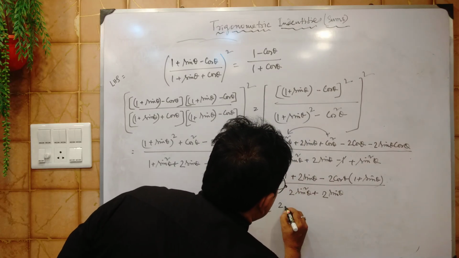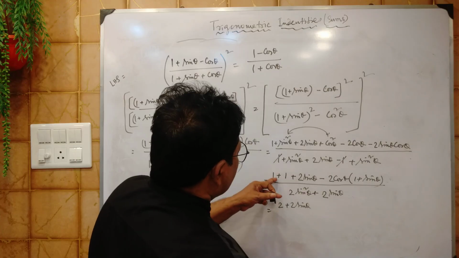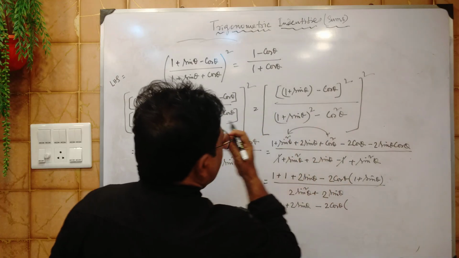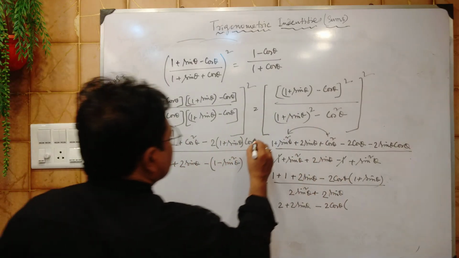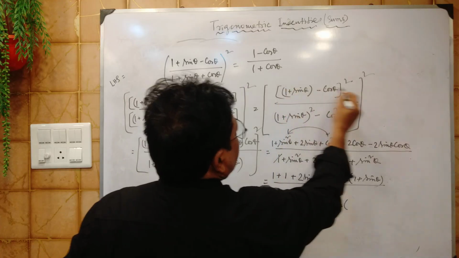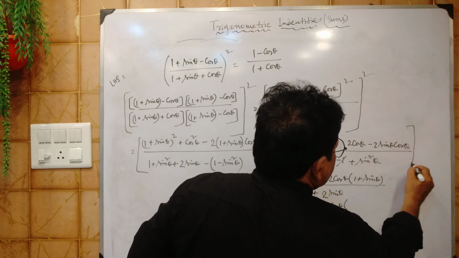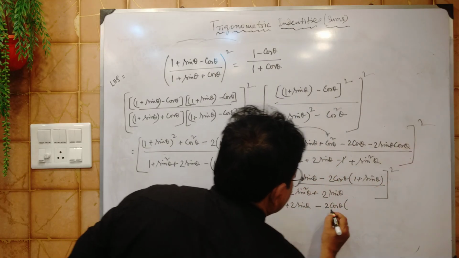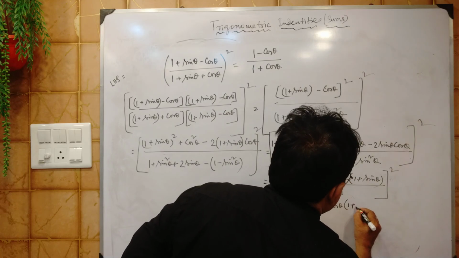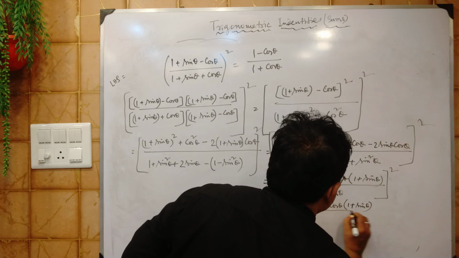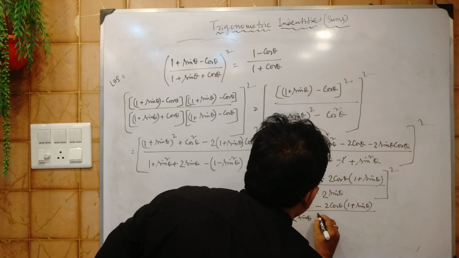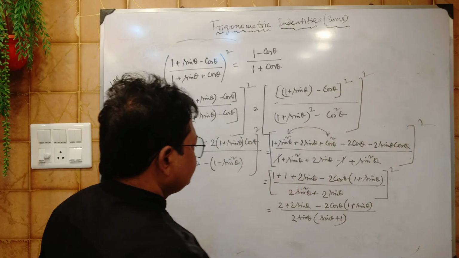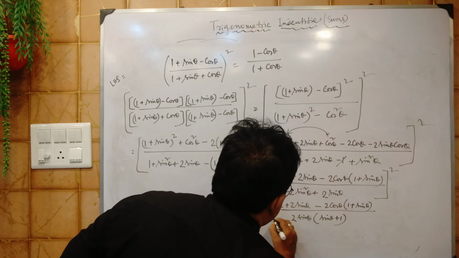So in this case it is 2 plus 2 sin theta, 1 plus 1 is 2, 2 sin theta minus 2 cos theta into 1 plus sin theta, but remember it will be all whole square, divided by 2 sin theta, and if taken common you will get sin theta plus 1. Here it is also whole square.